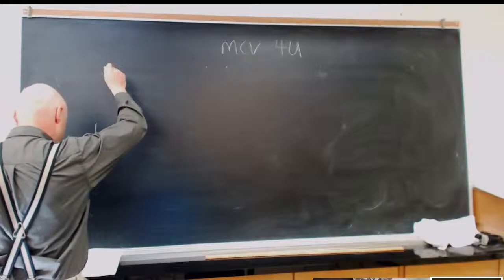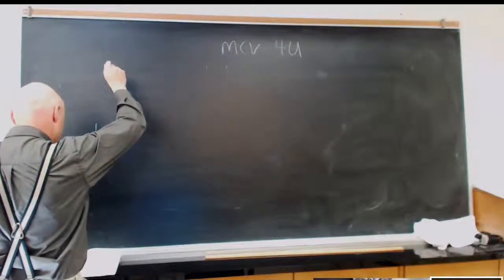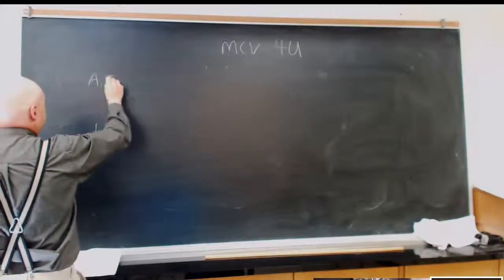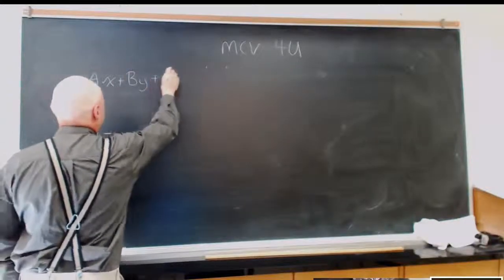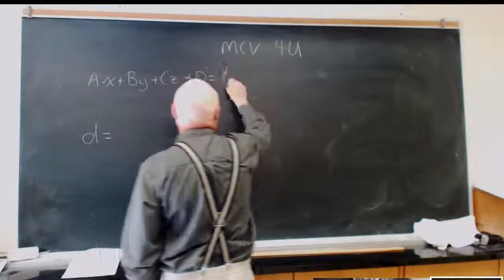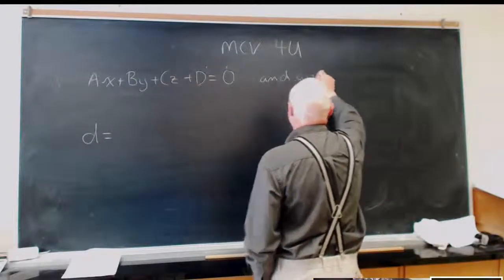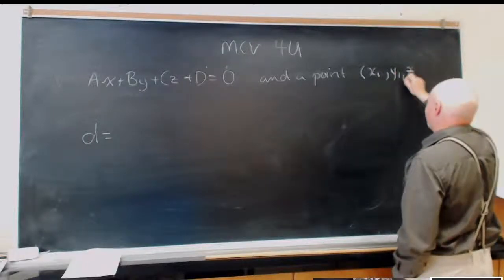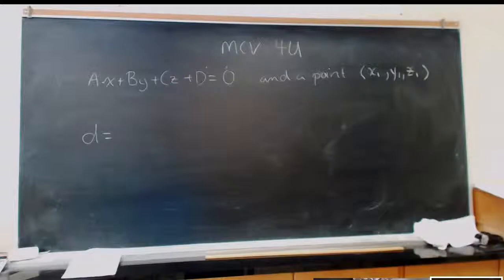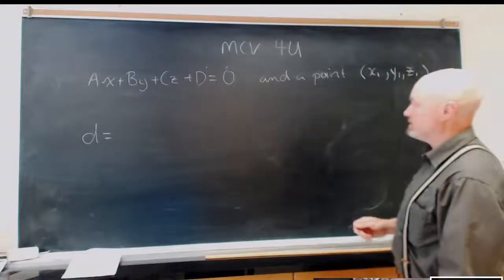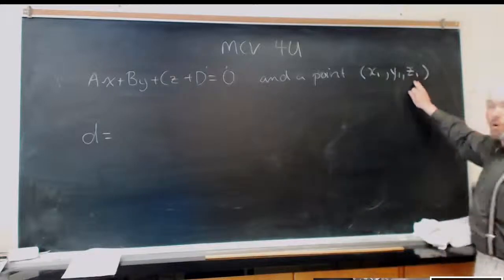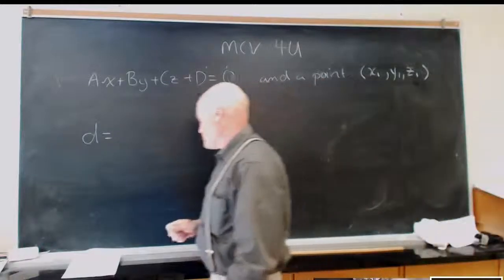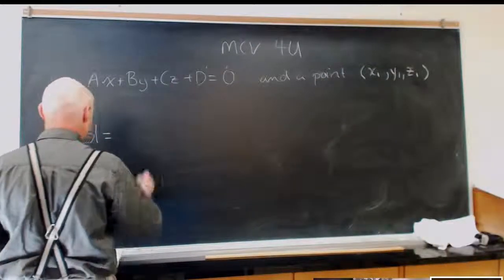If we have a plane, AX plus BY plus CZ plus D, and we have a point that's X1, Y1, and Z1. So this is just the general formula. We have our A, B, C, and D values. We also have the point. When you're using the formula, these are just going to be coordinates over here. You can just calculate the distance with the following formula.